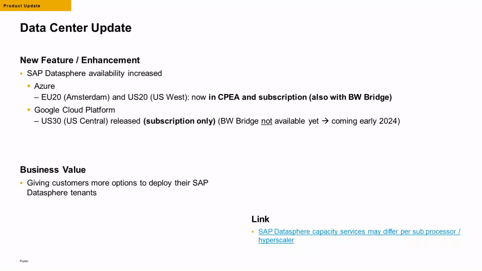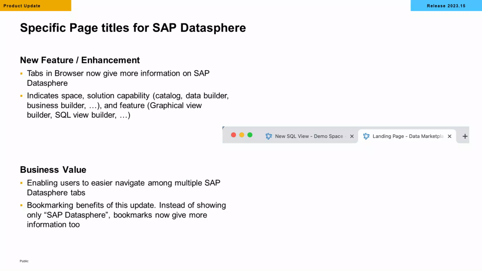For more information about what services are available for what tenant or data center deployment, please find the link listed on the slide here. Another cool product feature that might appear as a minor one, but is very useful, and customers have requested it a lot, is specific page or tab titles. So when navigating through SAP Datasphere, for example, from the landing page of the data marketplace to the search of the data marketplace, the page titles in a browser also reflect what page in SAP Datasphere you're currently in.